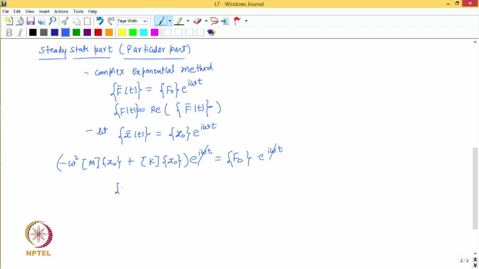Therefore, we can write the response as x naught is equal to K minus omega square M inverse of F naught, and the matrix K minus omega square M is called the dynamic stiffness matrix.